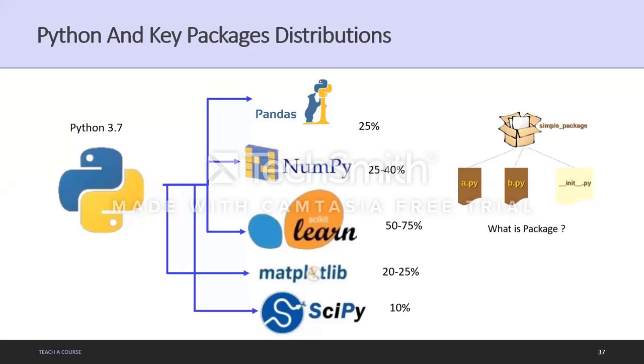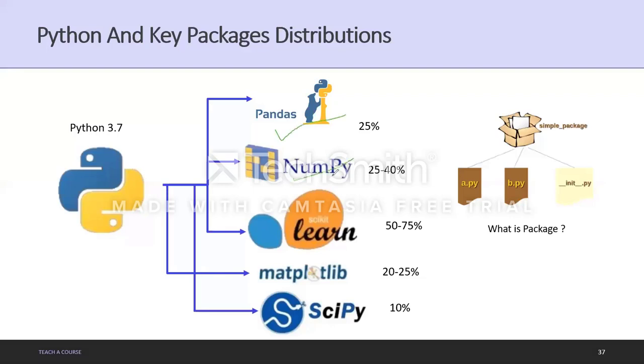Without pandas, we definitely cannot do anything in data science, even with a simple file, because if you want to import any CSV file, or connect with any database, the pandas library is very important. And numpy is certainly required to do all the manipulations.